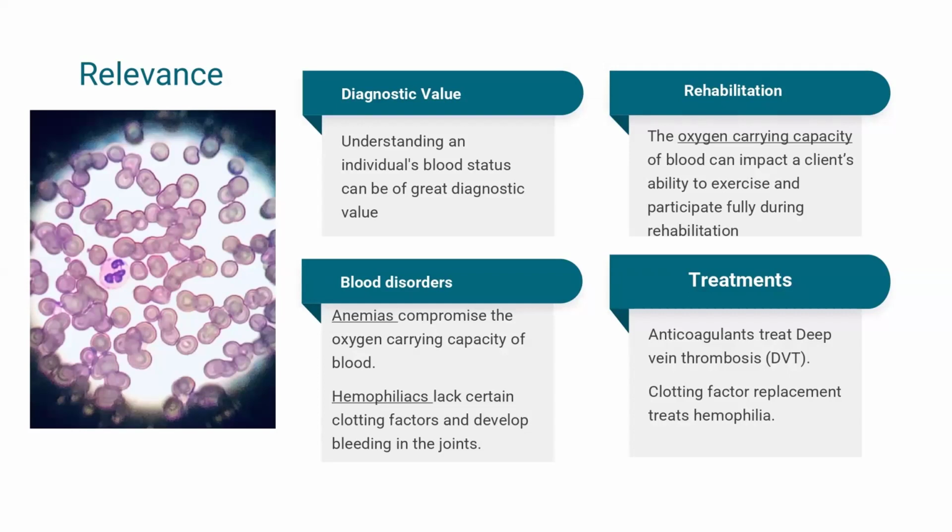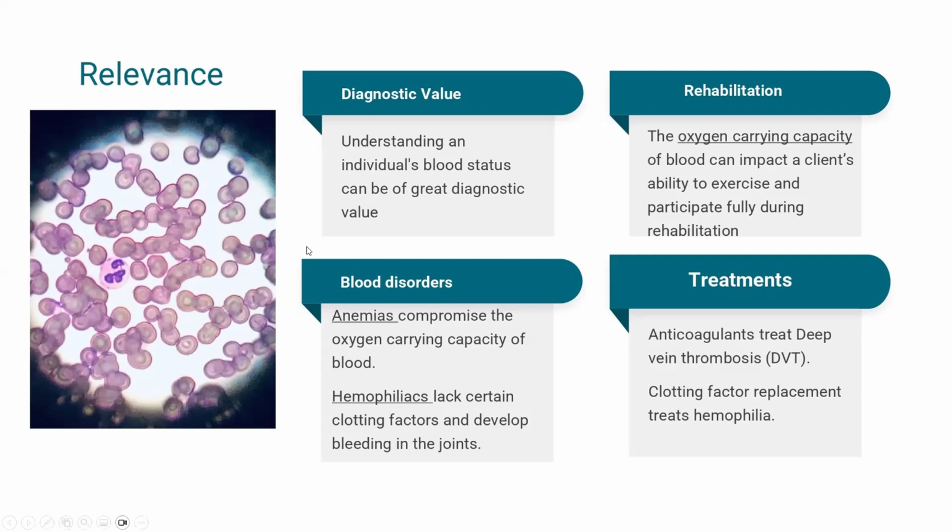As a diagnostic value, understanding an individual's blood status can be of great diagnostic value. When you are looking at a patient's report and you see that the patient has already had some investigation and blood work, you need to understand what these numbers and components are.